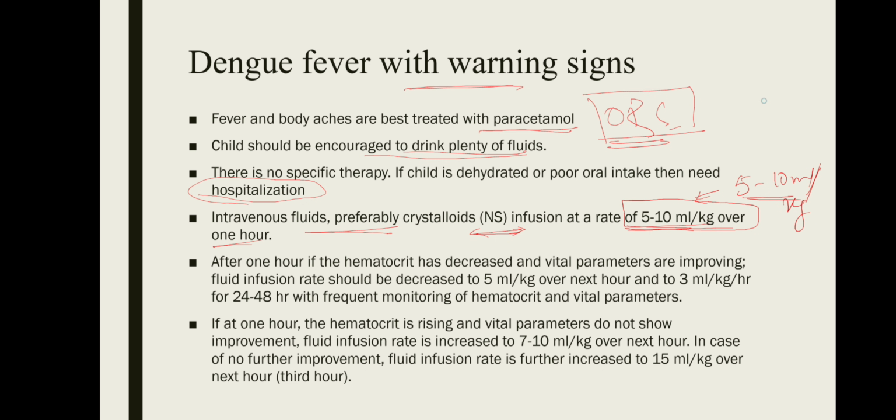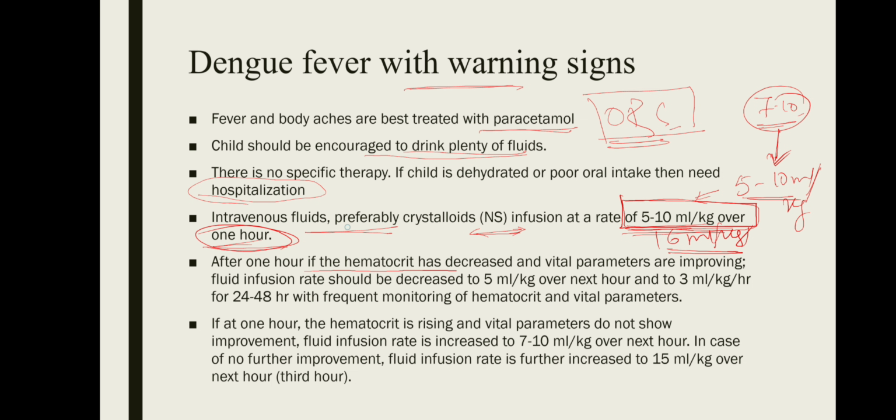For adults it is 7 to 10, but in pediatrics it is 5 to 10 ml per kg over the first 1 hour. For West Bengal, the government of India says it is 6 ml per kg. For all over India, it is 5 to 10 ml per kg over 1 hour. After 1 hour, you have to check the hematocrit.